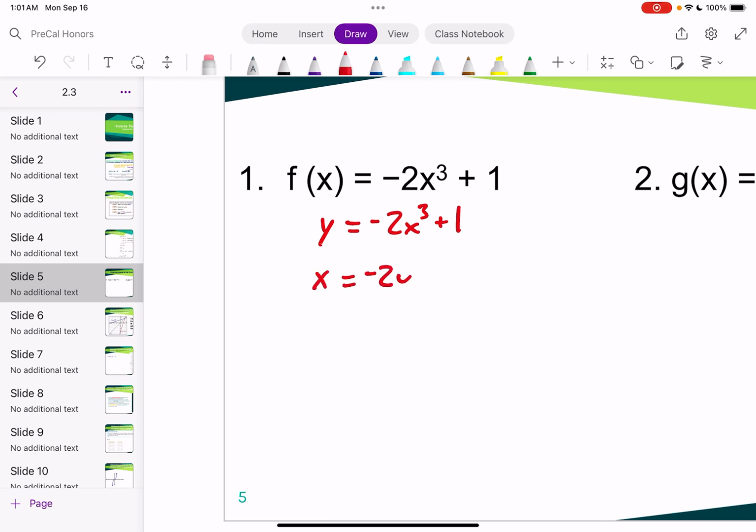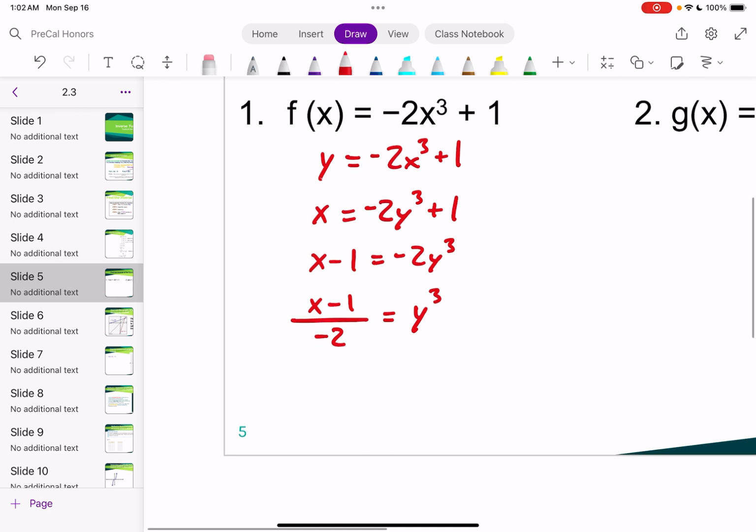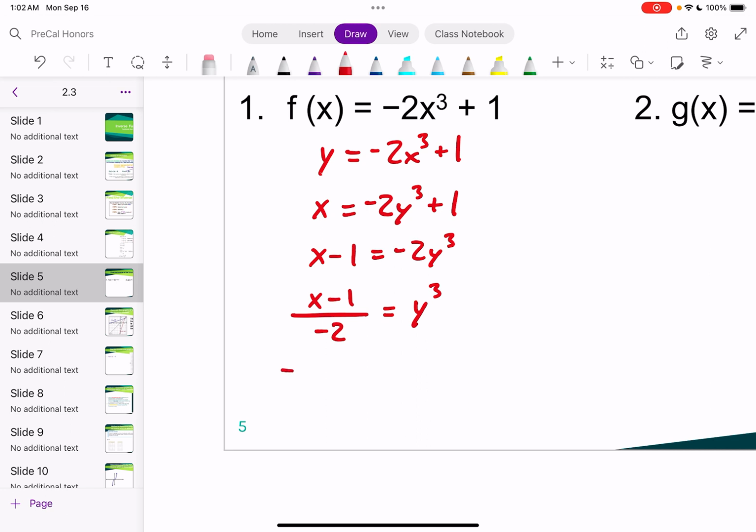Then x is equal to negative 2y to the third plus 1. x minus 1 is equal to negative 2y to the third. x minus 1 divided by negative 2 is equal to y to the third power. Now, keep in mind, this can be rewritten as negative 1/2 x plus 1/2 is equal to y to the third power.